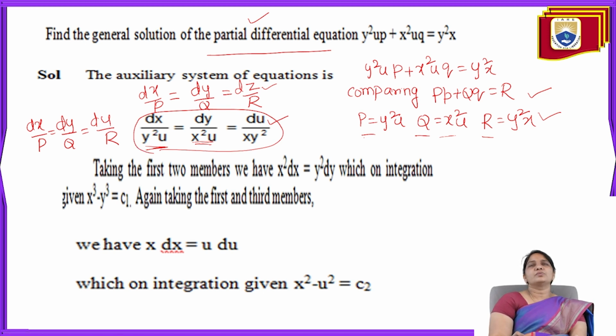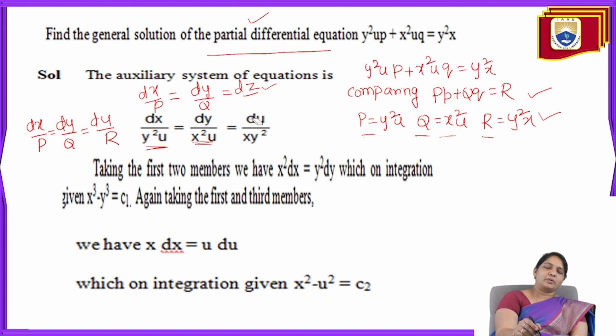Now we can use grouping method. If it's possible, we can get the two solutions from the grouping method only. So we have to observe the auxiliary equation, and based on that we can decide whether we can get the two solutions from the grouping method or not. If grouping method is not possible, then we will move to multipliers method.